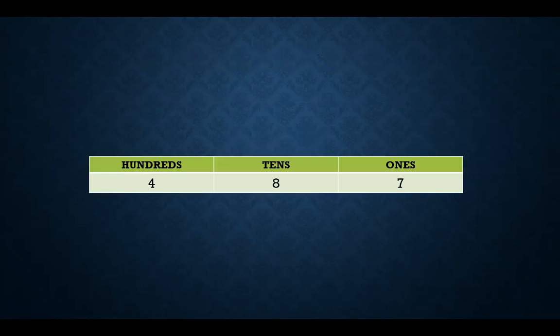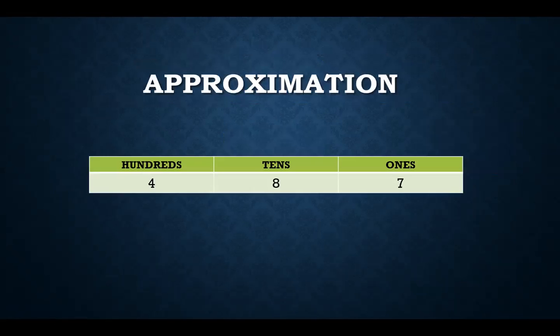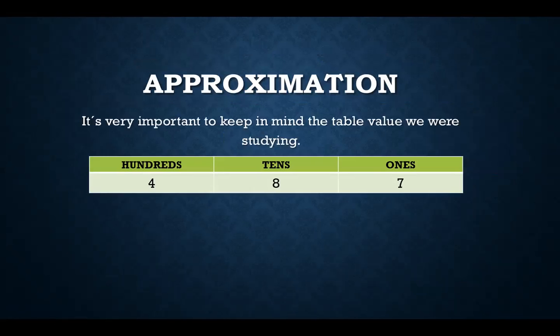We need to keep in mind that approximations relate to our table of value. Remember that we were working with thousands, hundreds, tens, ones, some millions, so I made a short table of value here. It's very important to keep in mind the table of value we were studying. For example, this is an amount that I picked, 487, and today we are going to learn how to estimate.